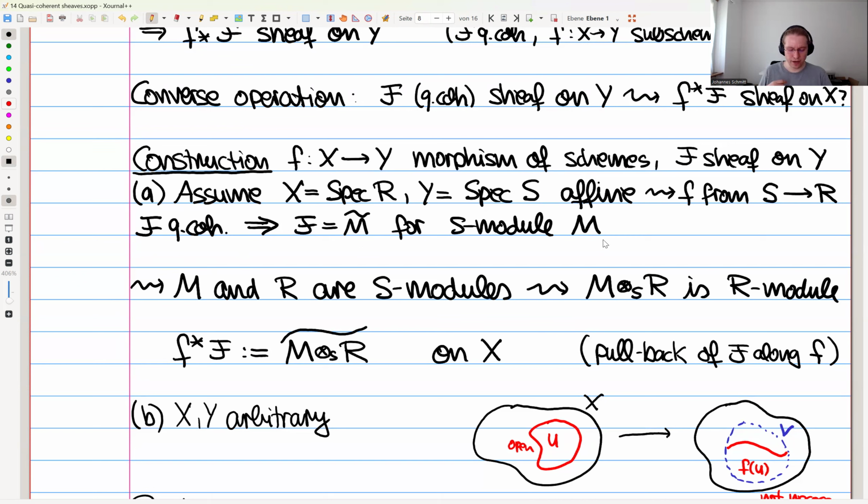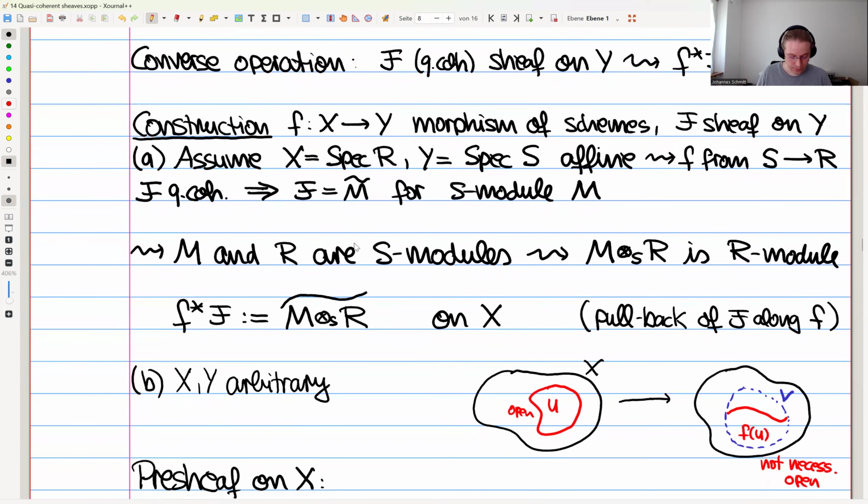And now to define what the pullback is, we would like to come up with ideally an R-module, which should have something to do with this M. And the idea there is we can use the tensor product. So we note that the M and the R are S-modules, right?